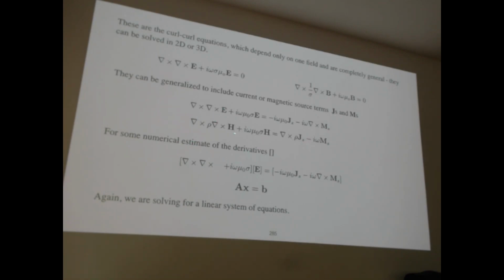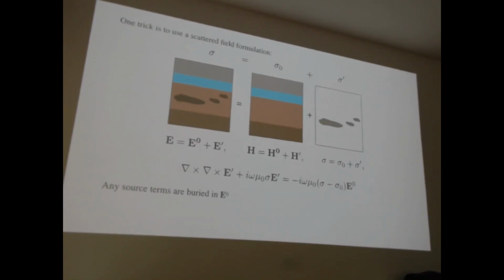So this curl-curl equation looks like this, which, if you squint carefully, is just another Ax equals b for some complicated linear system of equations. So to solve the forward problem in 2D or 3D, you basically have to do a large matrix inverse of the type that we did for 1D.